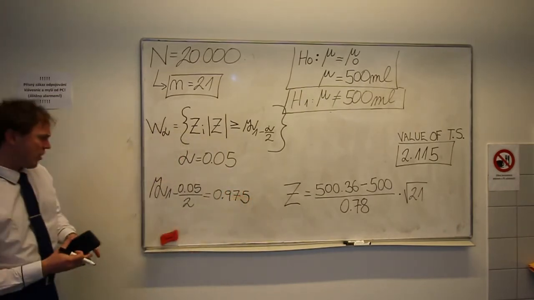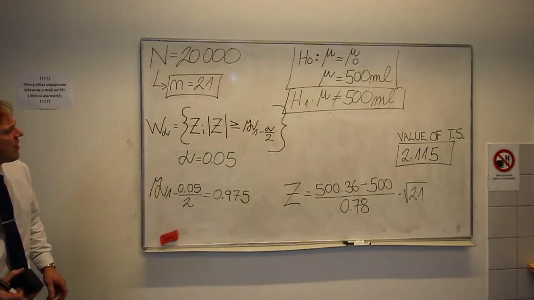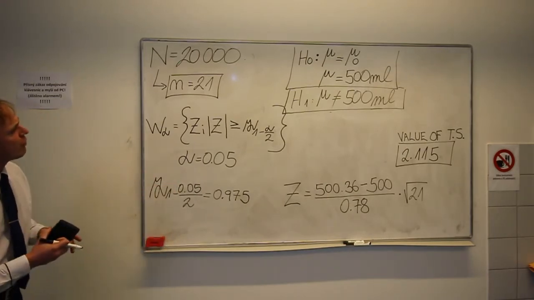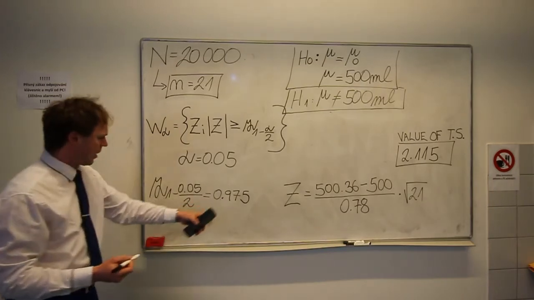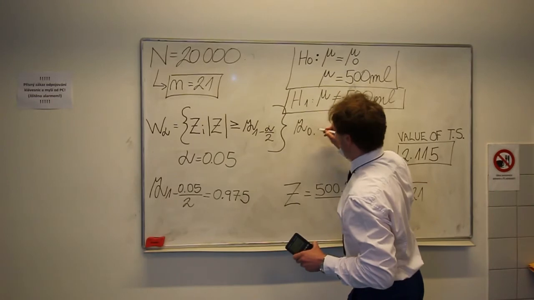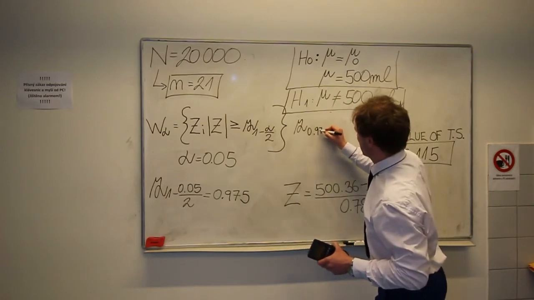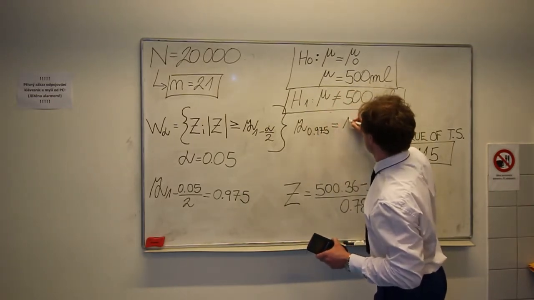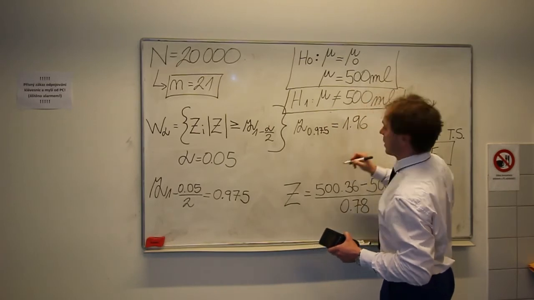0.975. Do you remember the value of this quantile? The value of this quantile from the tables, Z 0.975, is 1.96.